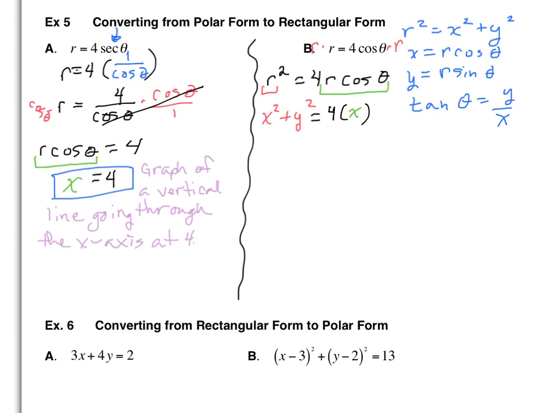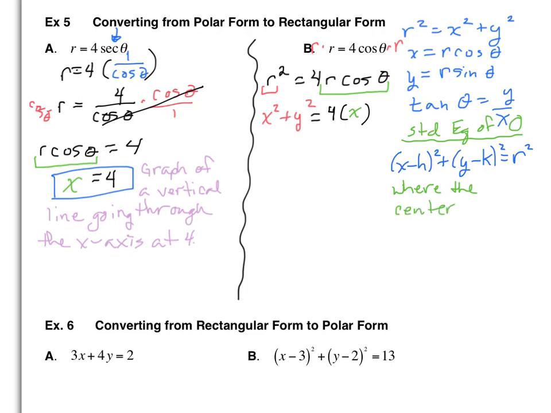So let's talk about the standard equation of a circle. That would be x minus h squared plus y minus k squared equals r squared. And that would be where the center is what?